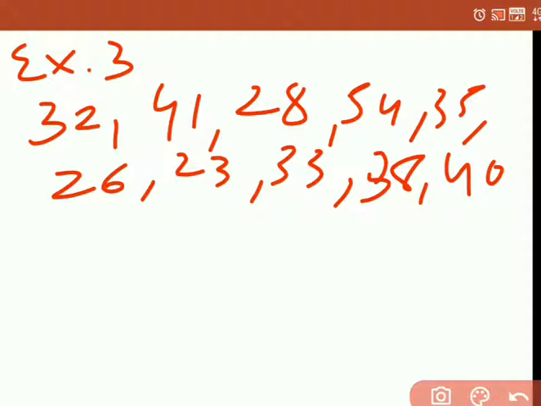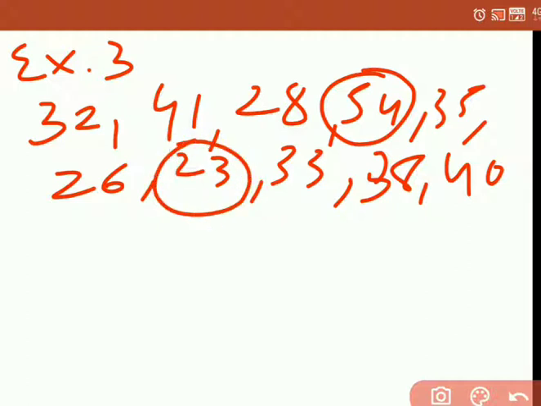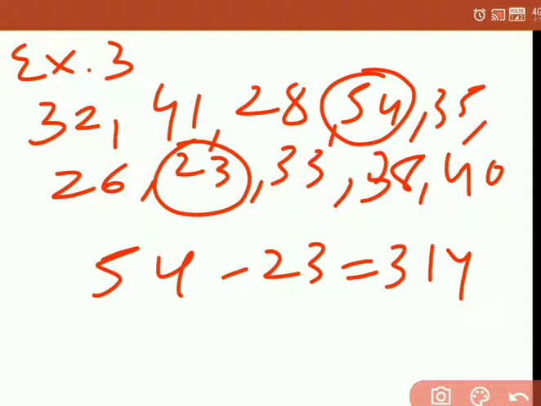Now the first question is, what is the age of the oldest teacher and of the youngest teacher? So you can see here that 54 is the oldest one and 23 is the youngest one, correct? Now what is the range of the teachers' ages? Oh, so simple. 54 minus 23, that is equal to 31 years, the range of the ages.